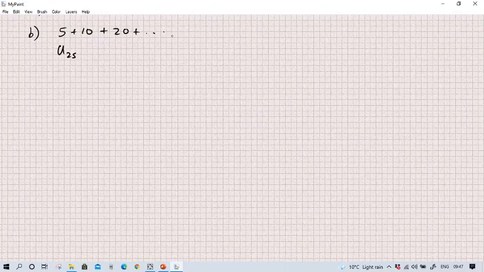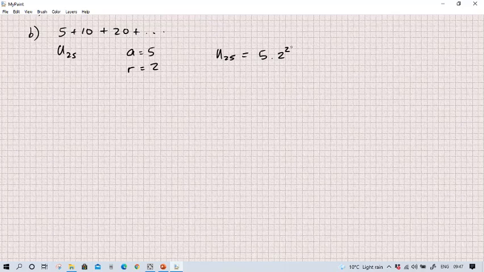Example B: find the 25th term of the GP 5 plus 10 plus 20. In this GP, the value of a equals 5, and the value of r is 10 divided by 5, which is 2, and that's the same as 20 divided by 10, so it is a GP. We're looking to find the 25th term, so u25 equals a, which is 5, times r raised to the power of 25 minus 1, so 2 raised to the power of 24.